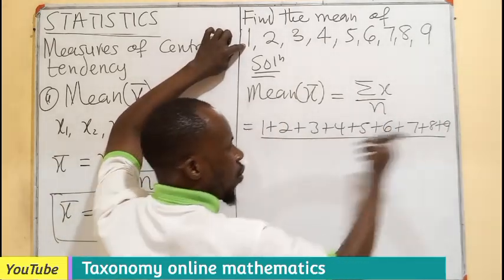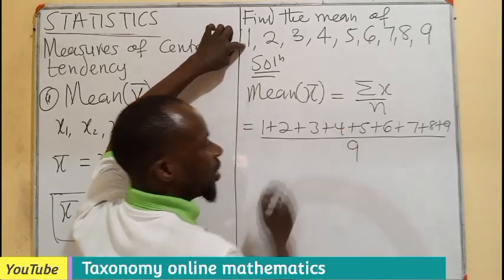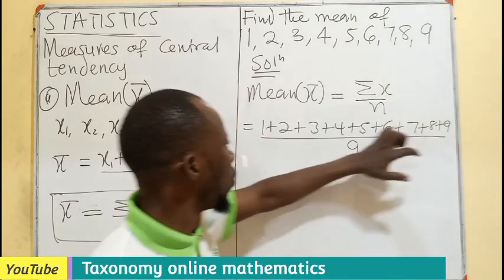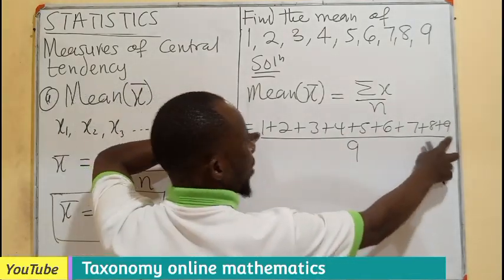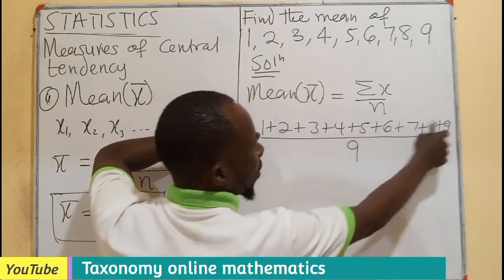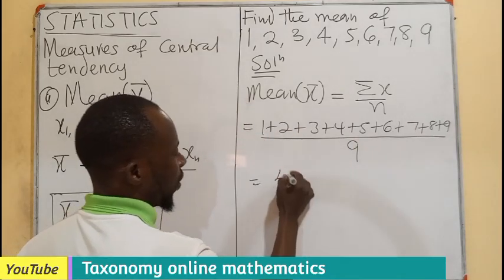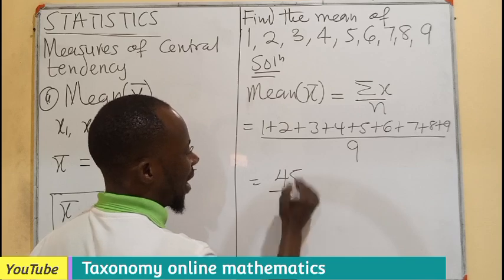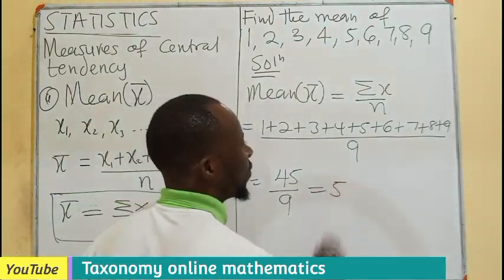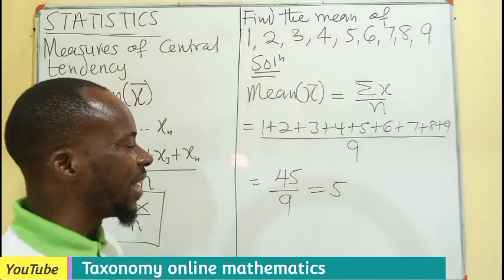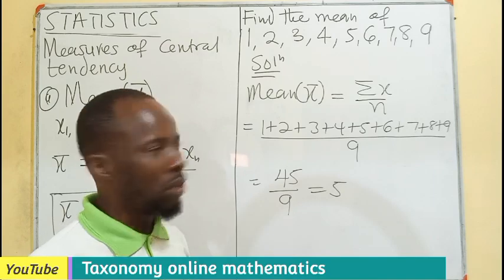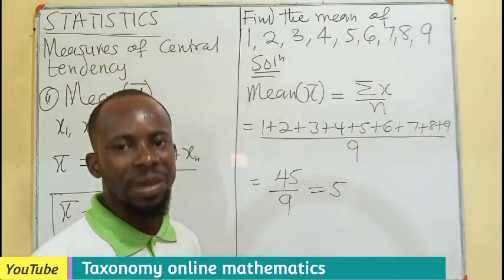Since it is counting from 1 to 9, I have 9. So if I add all of this, we are going to have 10, 20, 30, 45. So we are going to have 45 divided by 9, and 45 divided by 9 will give us 5. So this is the single value that represents the average of all these numbers.